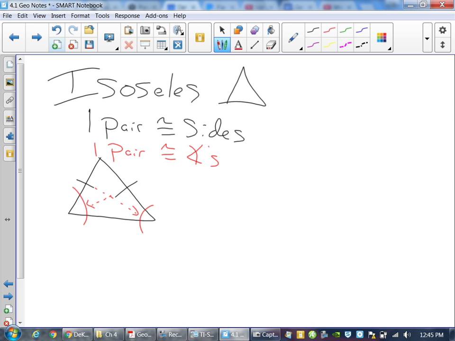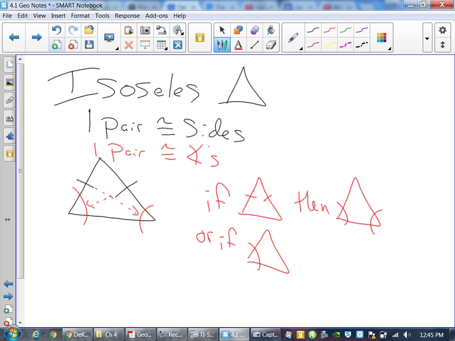A lot of times you will see an isosceles triangle drawn out two different ways. It'll say something like: if this, then this, or this, and this. And remember, triangles don't necessarily have to be facing the same direction.